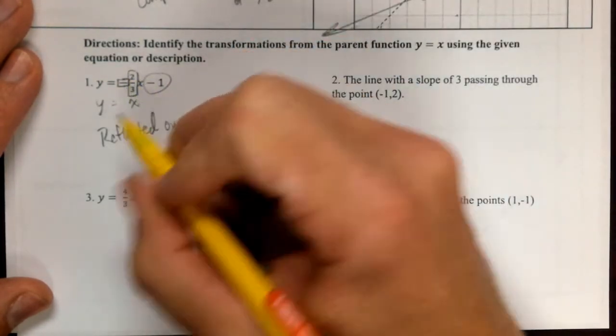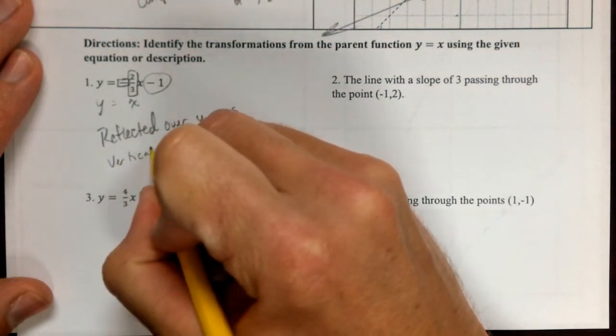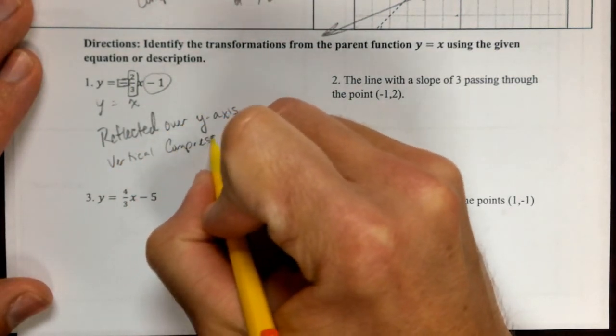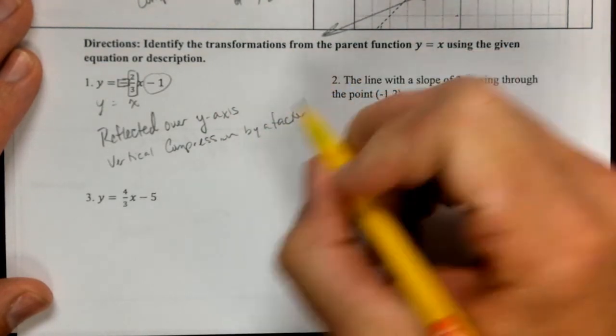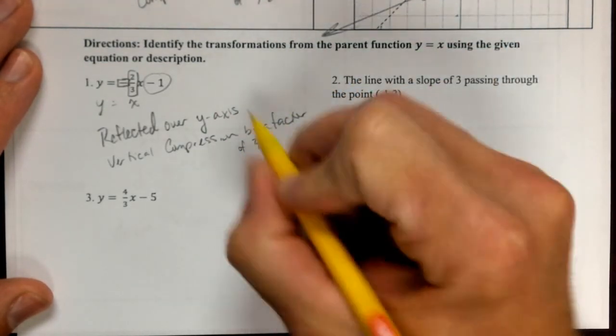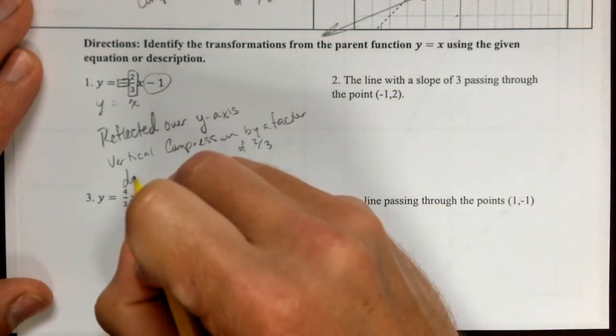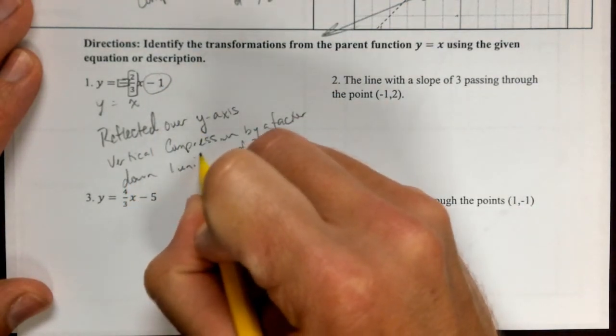We had a vertical compression by a factor of 1/2, sorry, 2/3, and then we shifted it down 1 unit.